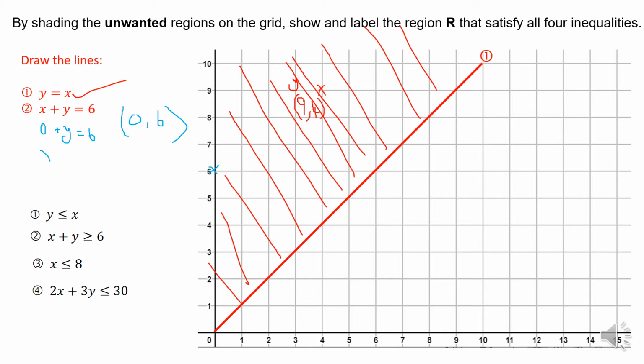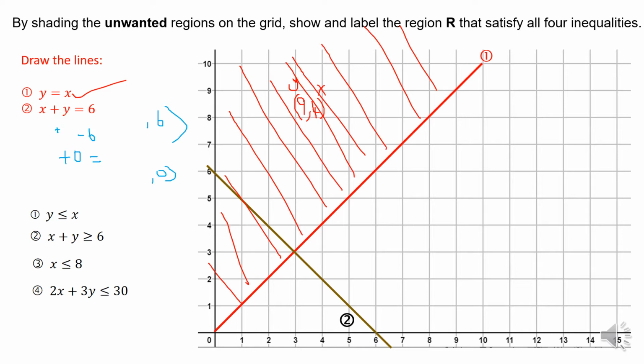Then you make y 0 in order to find x, then x is equal to 6. So that's going to be (6, 0). This one is quite straightforward to draw because the line is going to cut the x-axis as well as the y-axis at 6. Then you draw and produce that particular line.